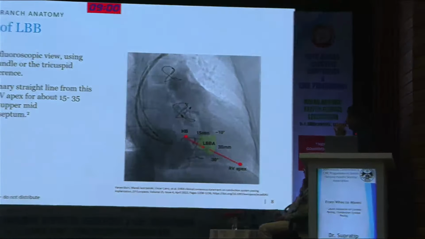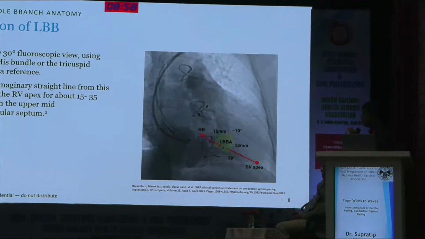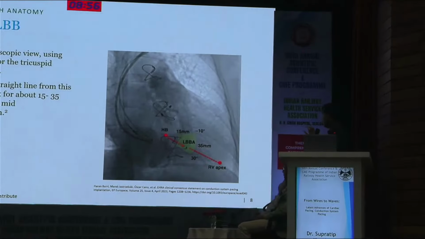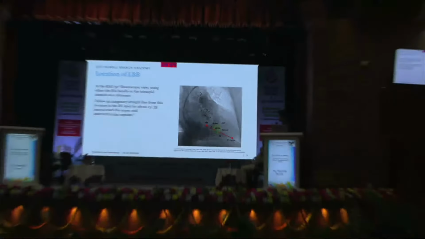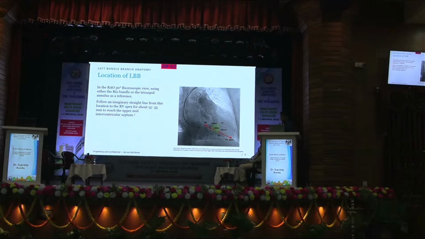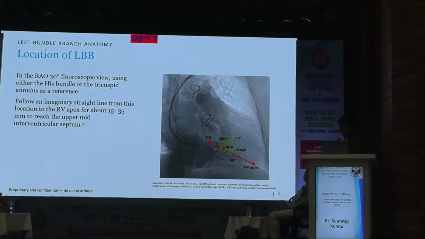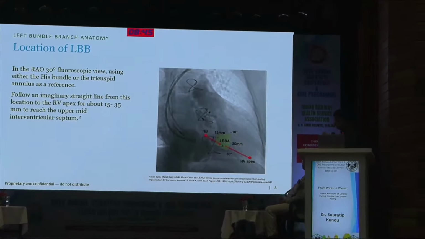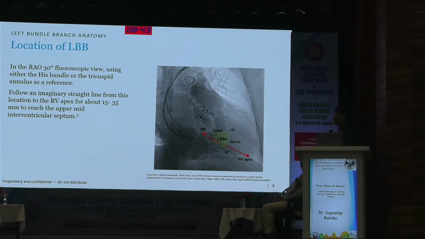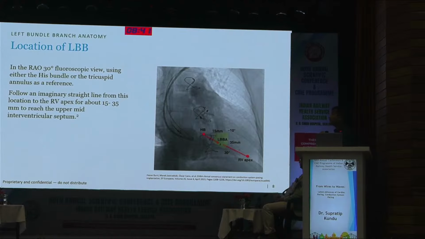The target area for left bundle area pacing is quite large and easier to locate. Left bundle area pacing means left bundle pacing, selective left fascicular pacing, or left ventricular septal pacing.